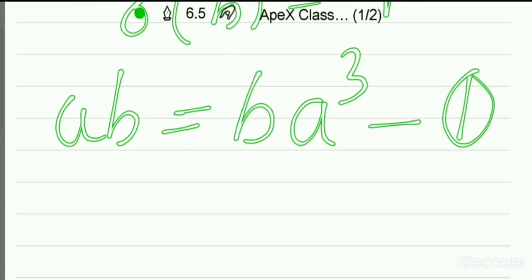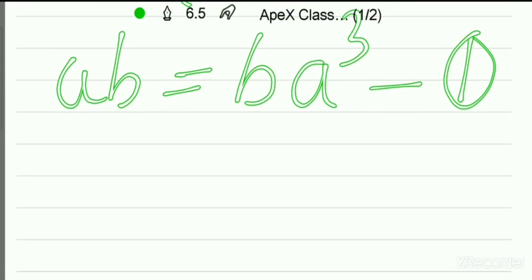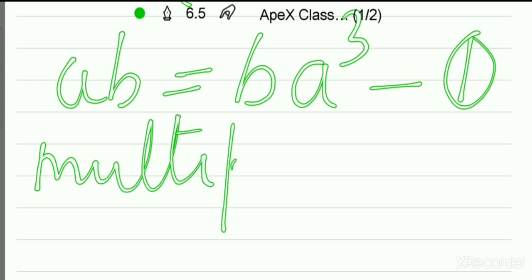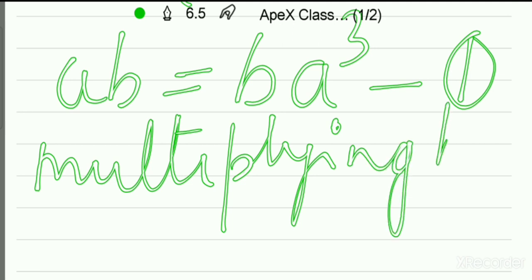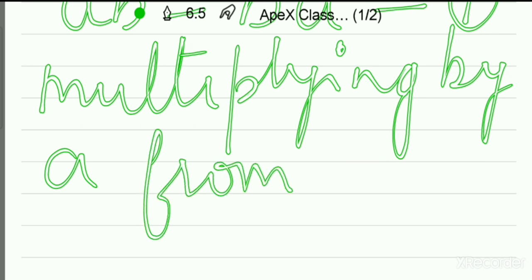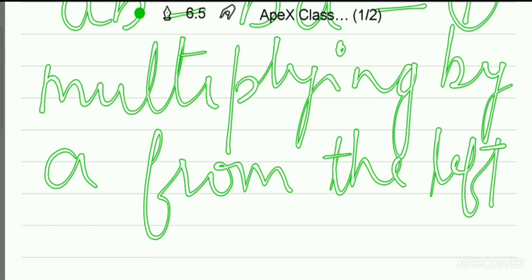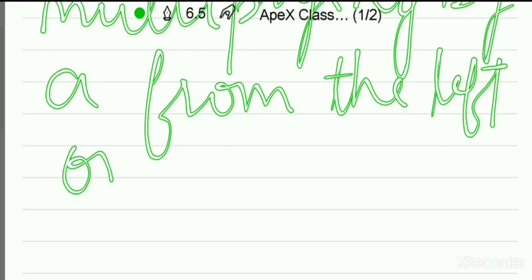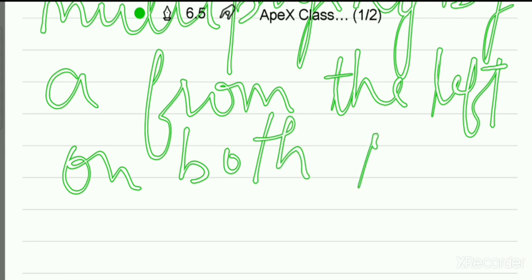So from this relation what we do is, we will multiply by a from the left on both sides.